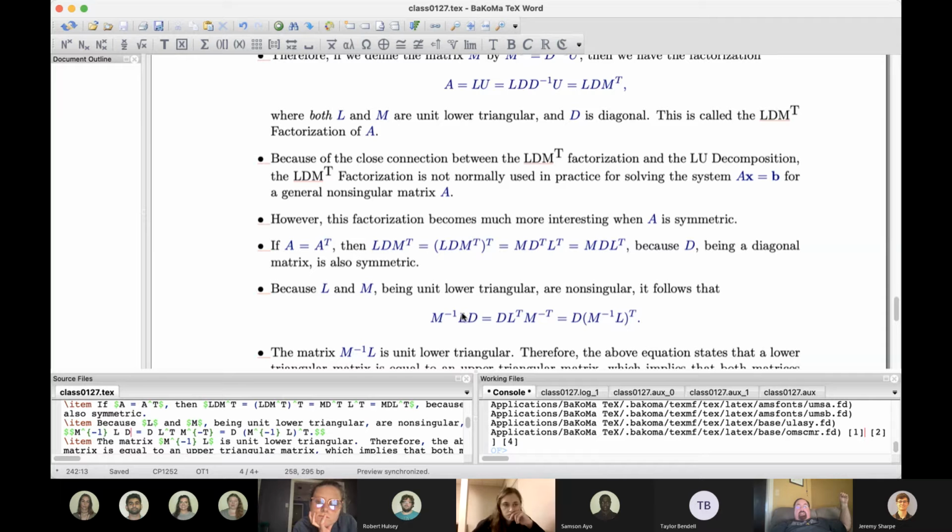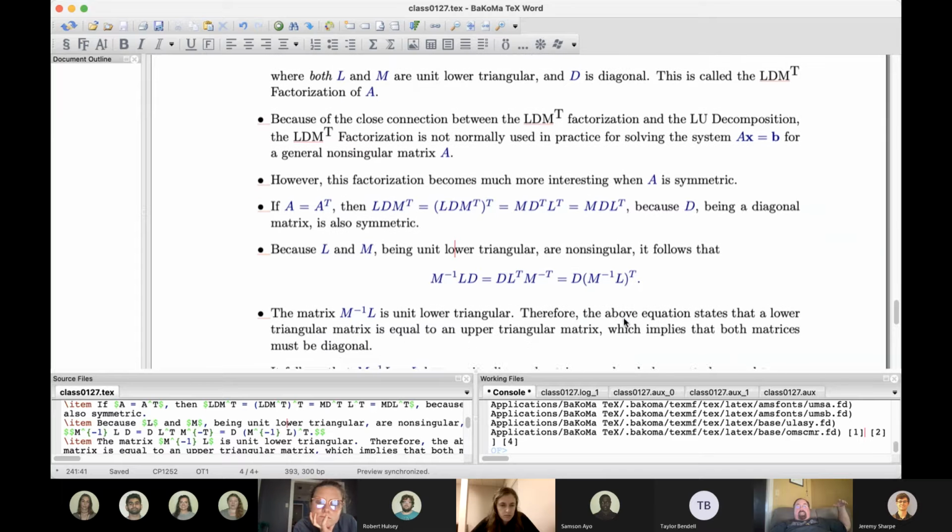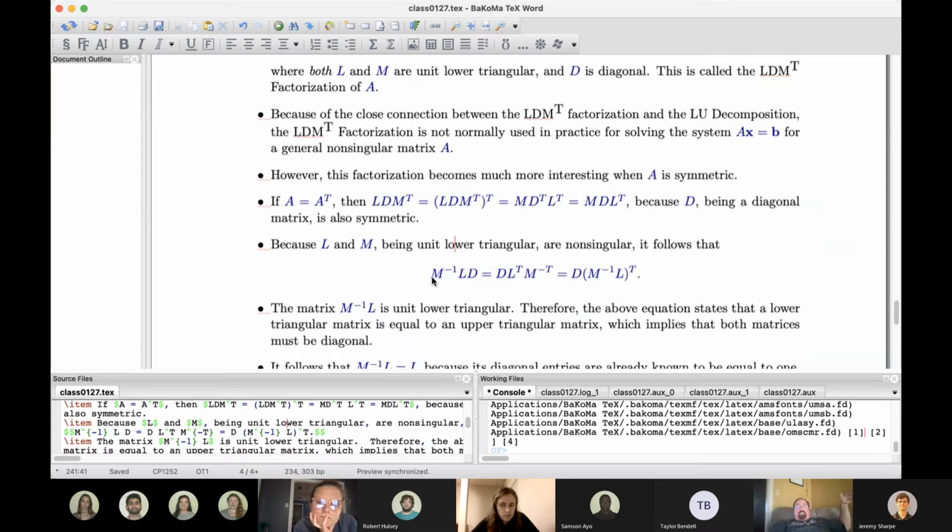Now, L and M are unit lower triangular. Therefore, M inverse is unit lower triangular. Therefore, M inverse L is unit lower triangular, because inverting and multiplying does not change triangularity. Therefore, M inverse L transpose is unit upper triangular. Just like last class, we have a lower triangular matrix here equal to an upper triangular matrix here, so they must both be diagonal.